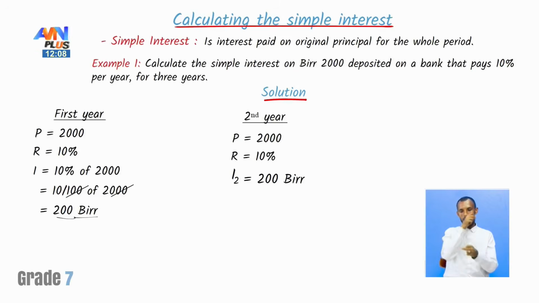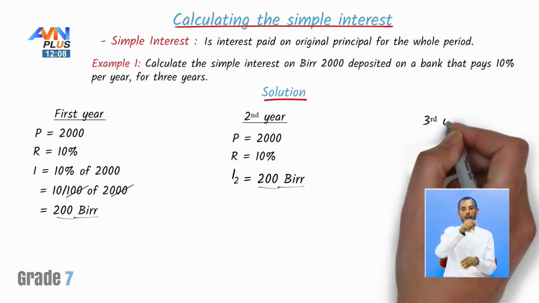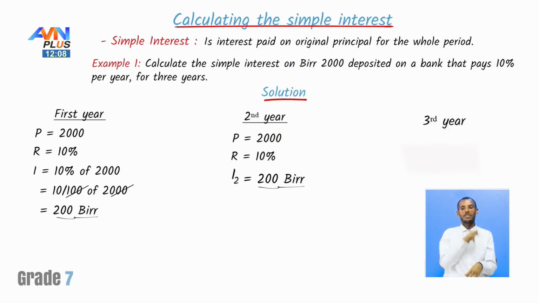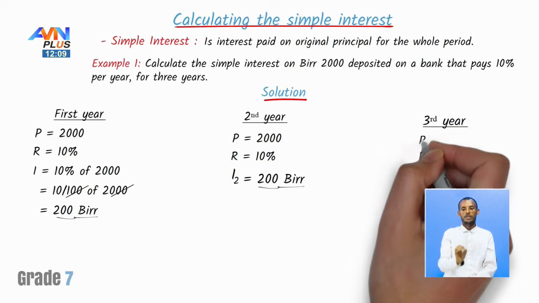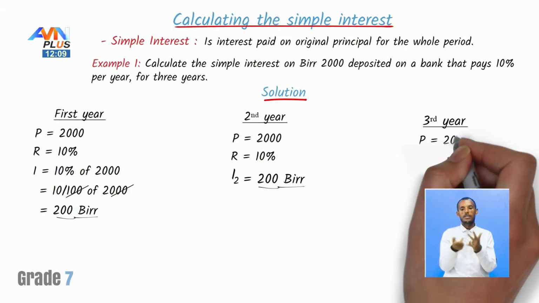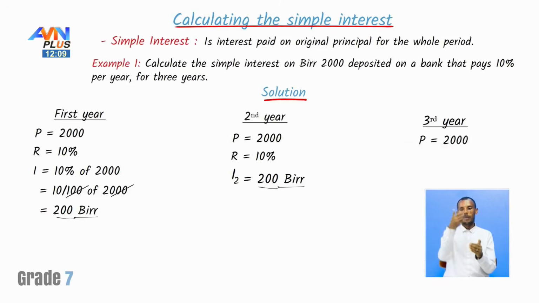How about the third year? Again, the interest for the third year will be calculated on original principal only. So the principal is 2,000 and the interest rate is 10%. So the interest for the third year will be 10% of 2,000. It gives you 200, the same. So the interest throughout the years is the same.